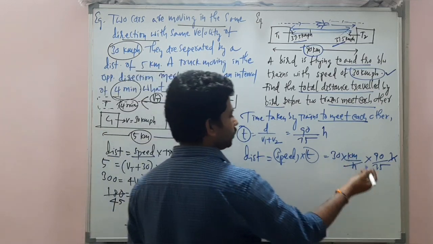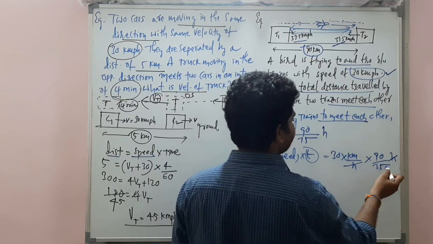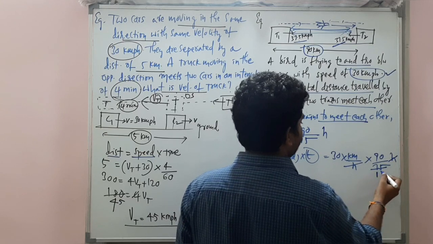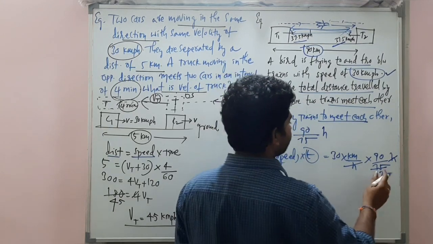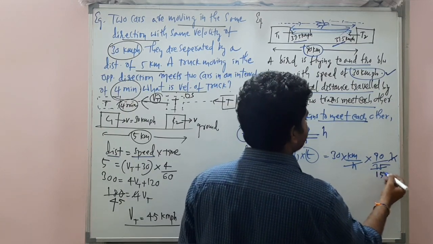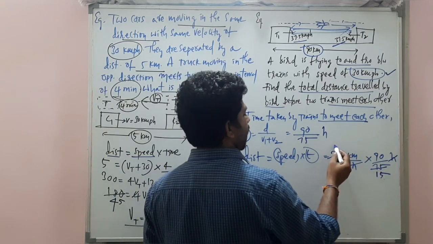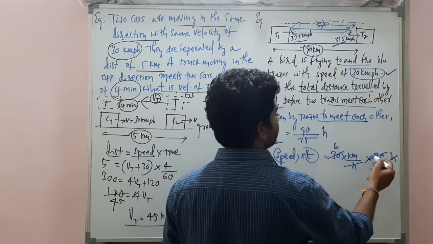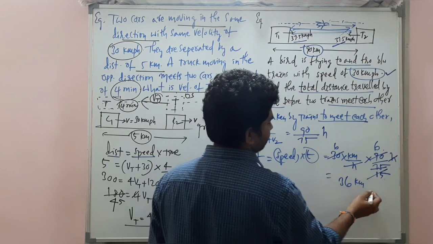So you can continue here. 5 1s are 5, 5 2s are 10, 5 1s are 5, 5 5s are 25, 5 6s are 30, 15 6, yes, 36 kilometers, my dear students.